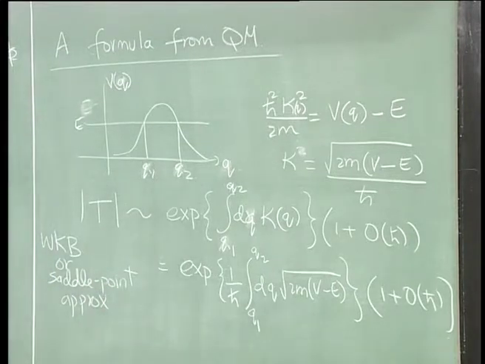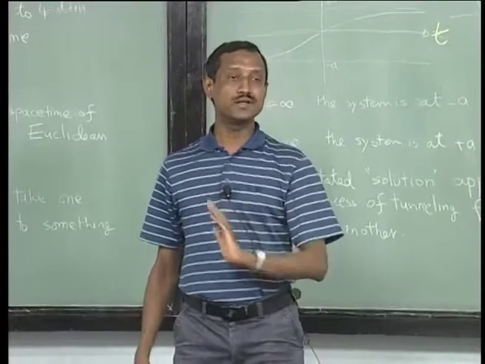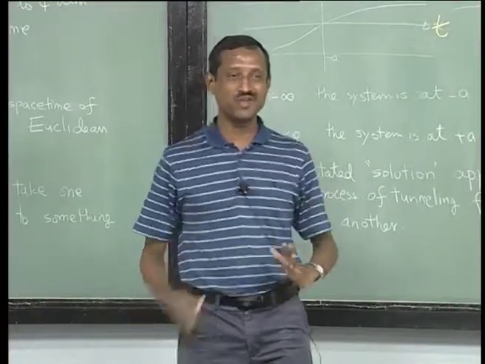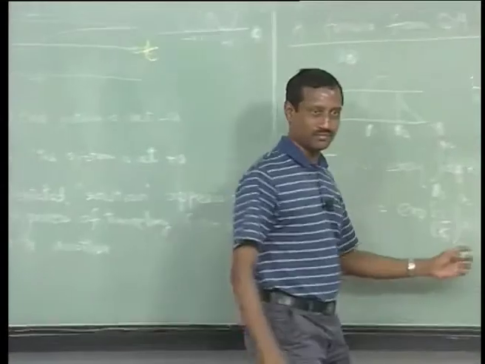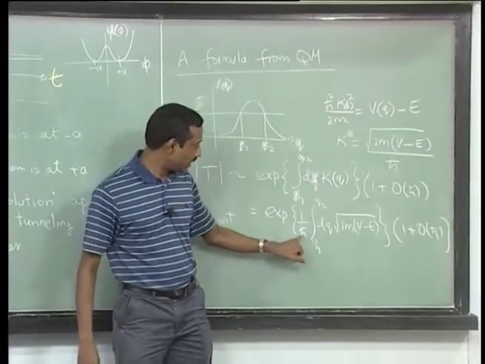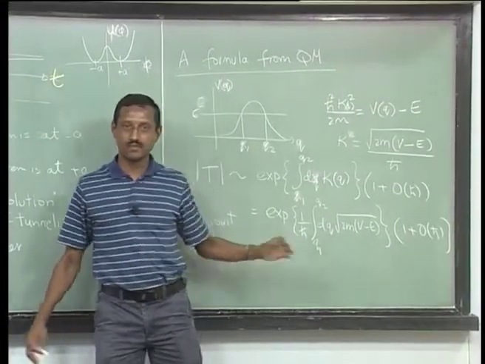Whenever you have a small parameter, usually you think you can start from the classical answer, h bar equal to 0, and then do corrections. But look at the behavior of this term. It is not analytic at h bar equal to 0.